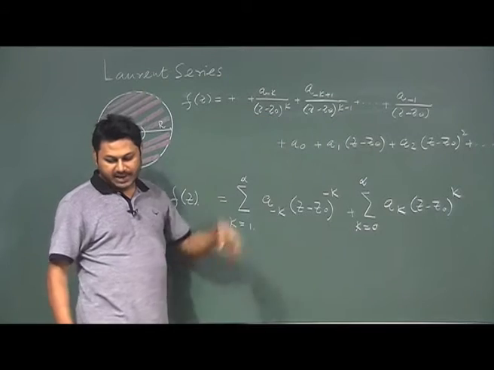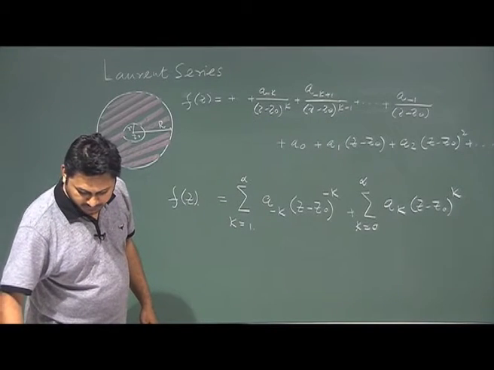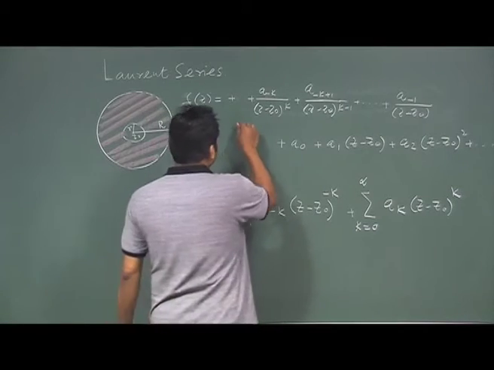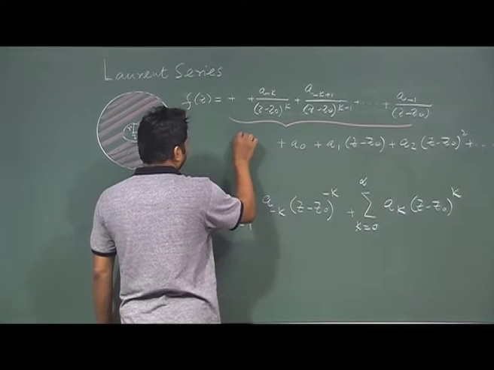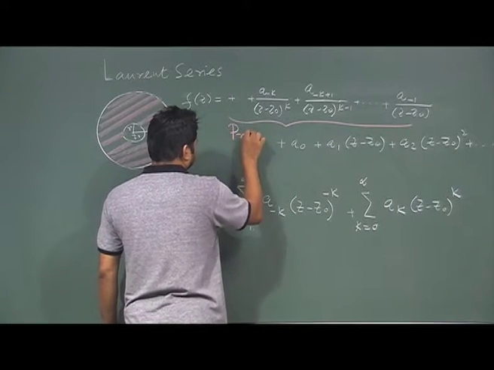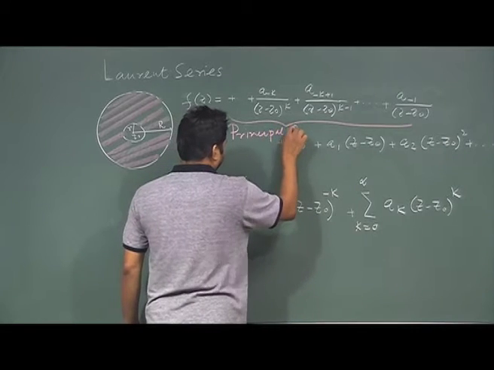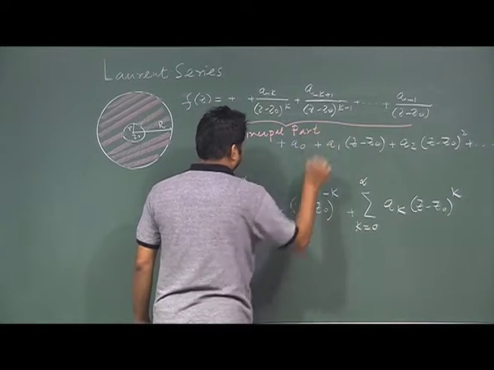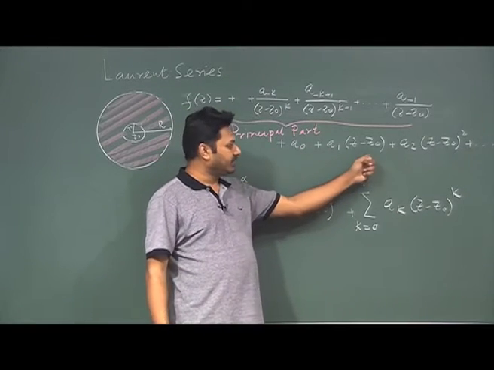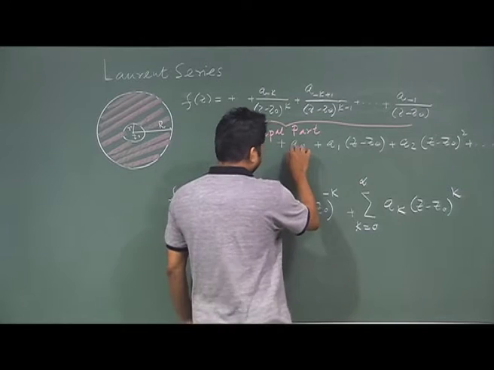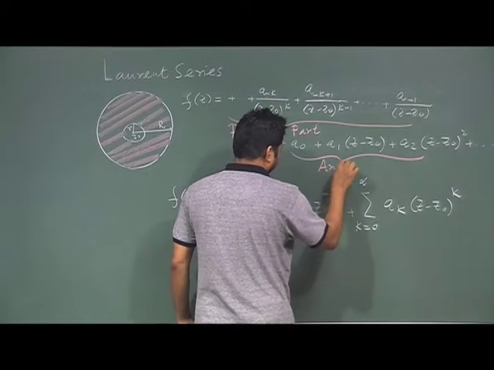The portion having 1 by (z - z0) terms, up to here, is called the principal part. And this portion, which is a0, a1 (z - z0) and so on, is called the analytic part.